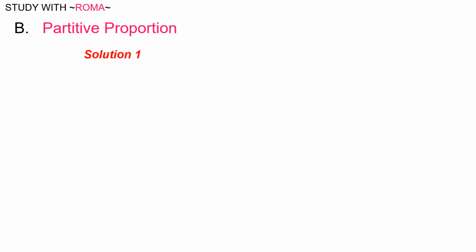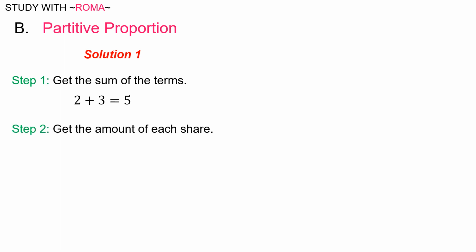There are two ways to solve a partitive proportion. Solution 1. Step 1. Get the sum of the terms. Our ratio is 2:3, so our terms are 2 and 3. 2 plus 3 is equal to 5. Step 2. Get the amount of each share.